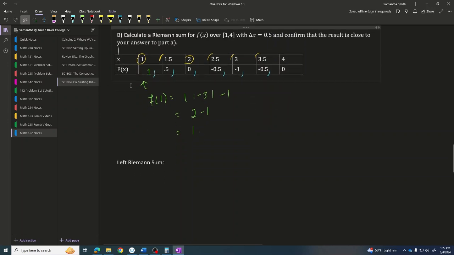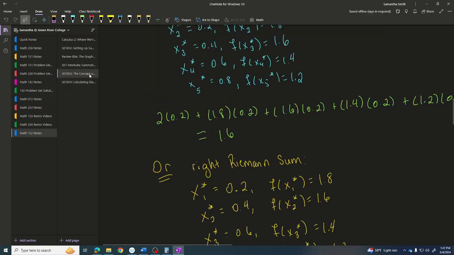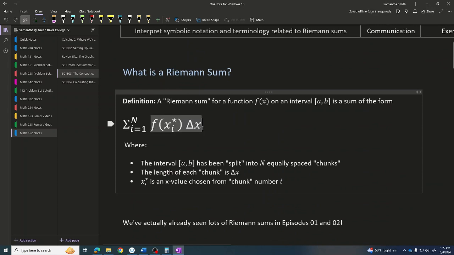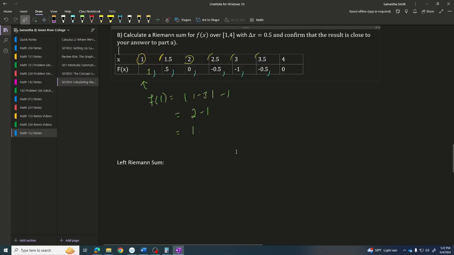Remembering again, now that we have identified the x values and the corresponding y values that we are going to choose from each chunk, the next thing that we do is multiply those values by delta x, going from heights of rectangles to areas of rectangles with this product.